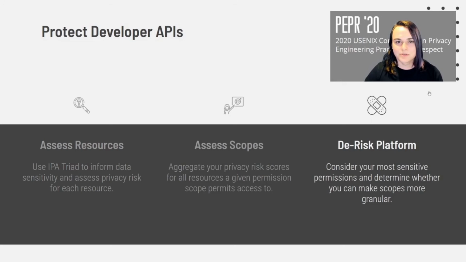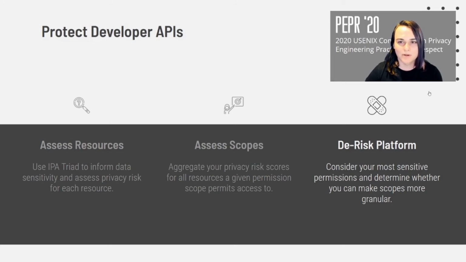Then I recommend you de-risk your platform by applying the principle of least privilege to your users' data. You can take a permission scope that gives you access to way too many sensitive resources and break it into useful sub-permissions.